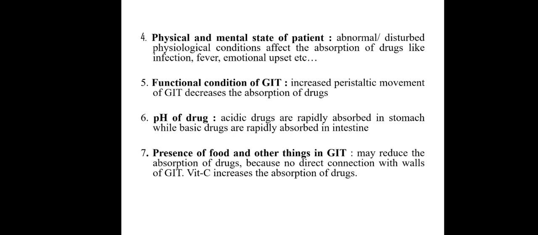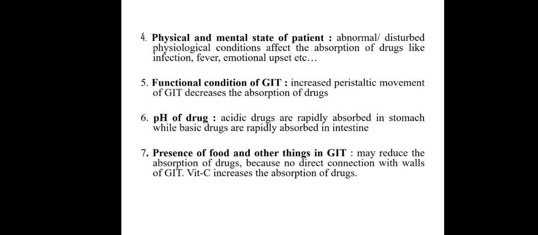Acidic drugs are rapidly absorbed in the stomach, while basic drugs are rapidly absorbed in the intestine. Next and last one is presence of food and other things in the GIT, which may reduce the absorption of the drugs because there is no direct contact with the wall of the GIT.